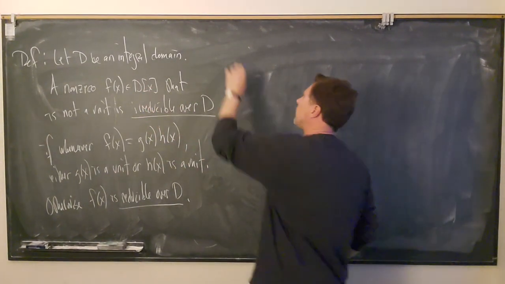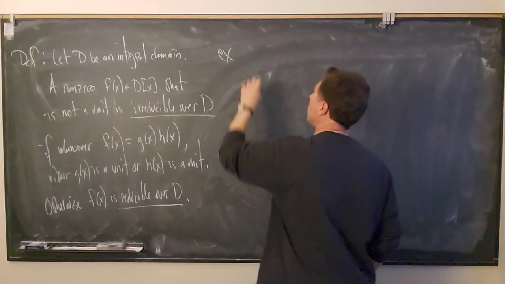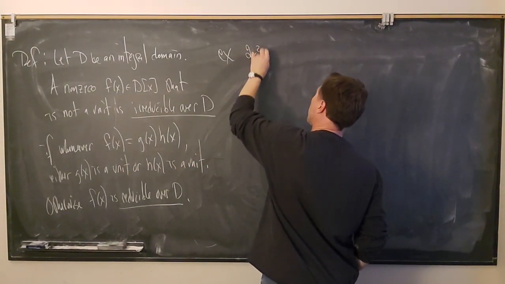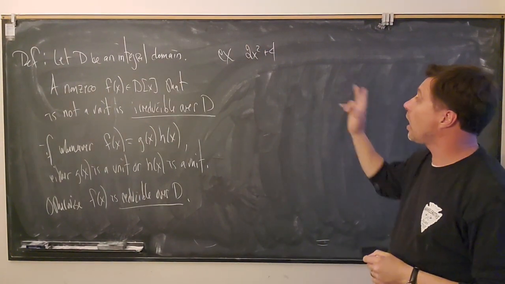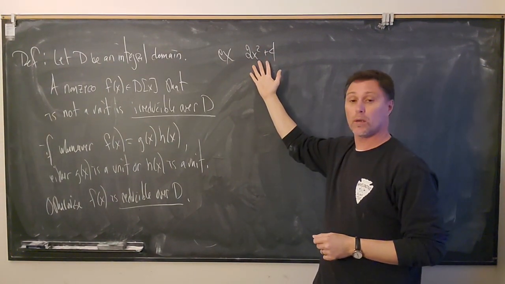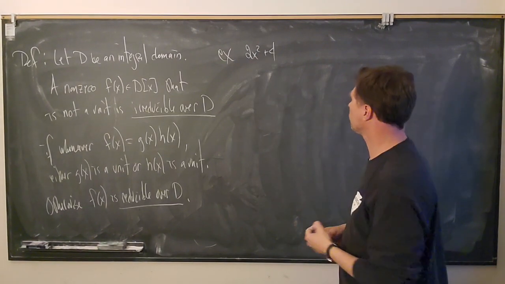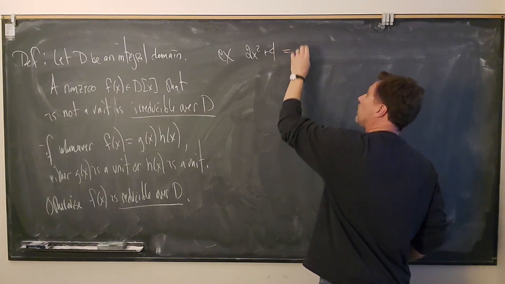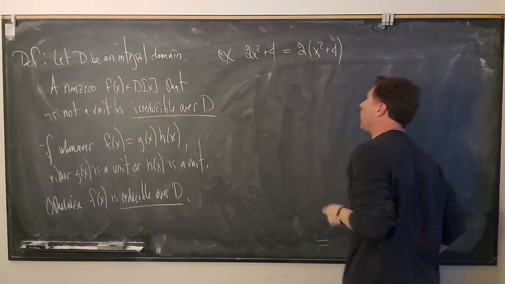Okay, and so let's immediately look at an example here. Let's consider the polynomial 2x squared plus 4. Depending on where I view this polynomial, sometimes it will be reducible and sometimes irreducible. I can factor this polynomial, of course, as 2 times x squared plus 4.